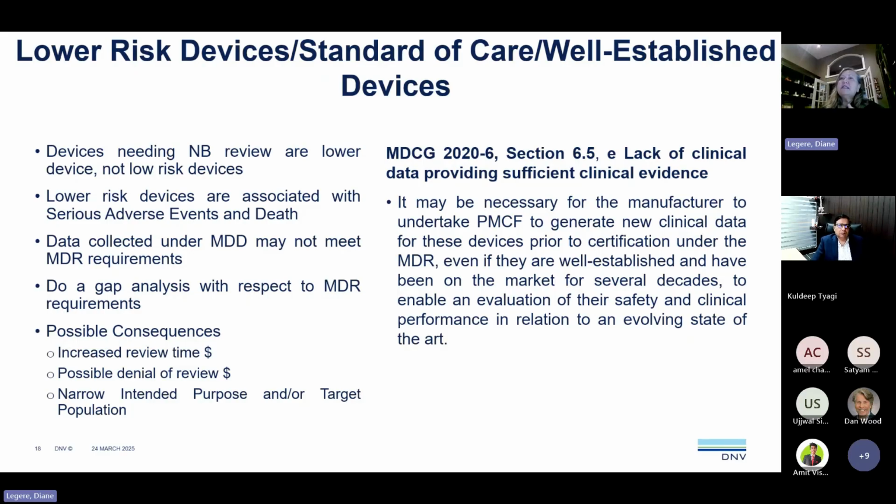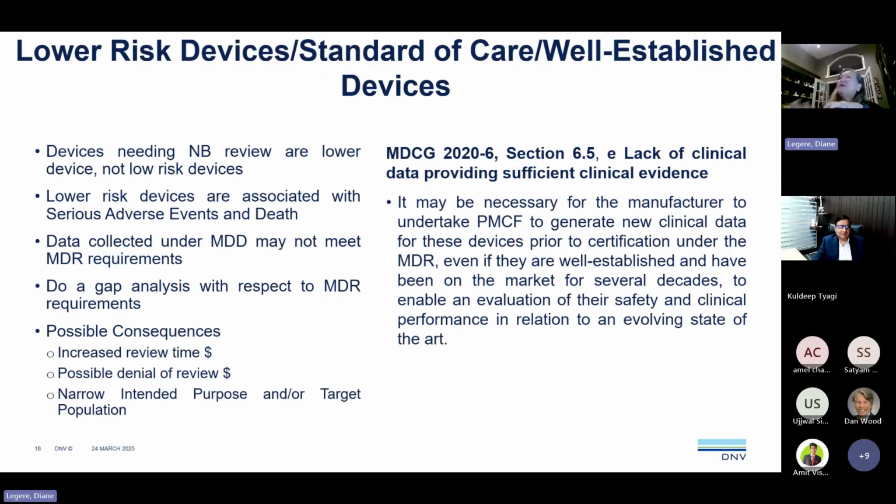Lower risk devices, again, I'm talking about not low risk, because if you were low risk, you wouldn't need a notified body to review. So we kind of know what those are, but standard of care, I feel like it's one of those terms that we all know what it is, but we can't find a definition of what it is.